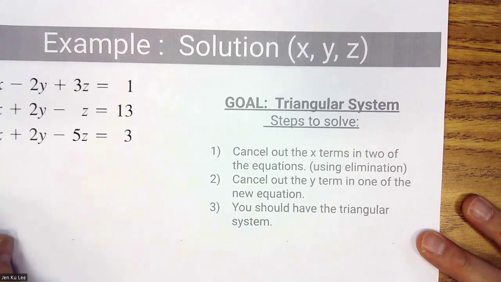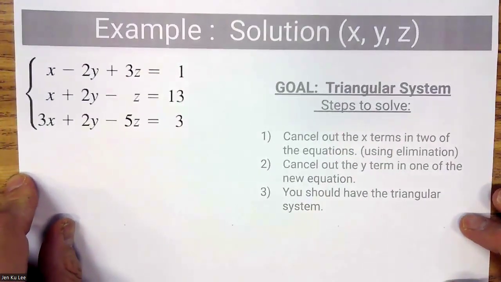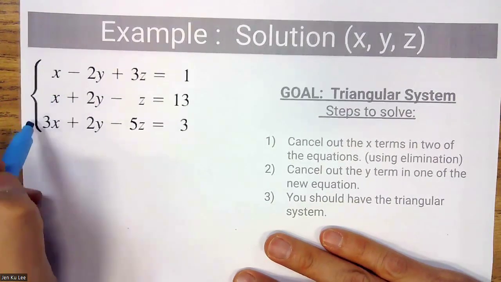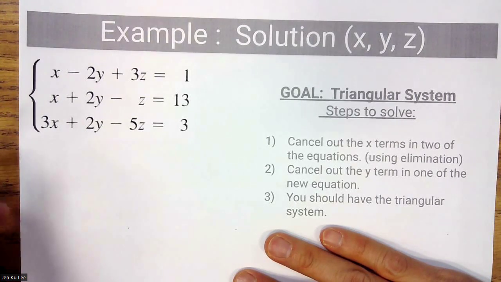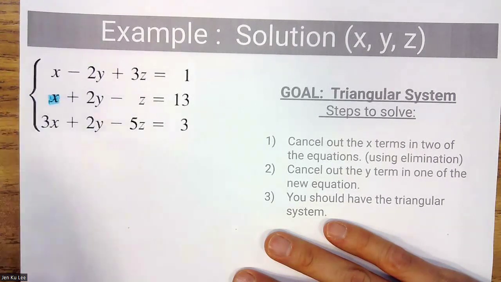Okay, so we're going to go over this example here. My first step is to cancel out the x terms in two of the equations. I'm just going to pick the bottom two as default. So I want to try and cancel out this x first.